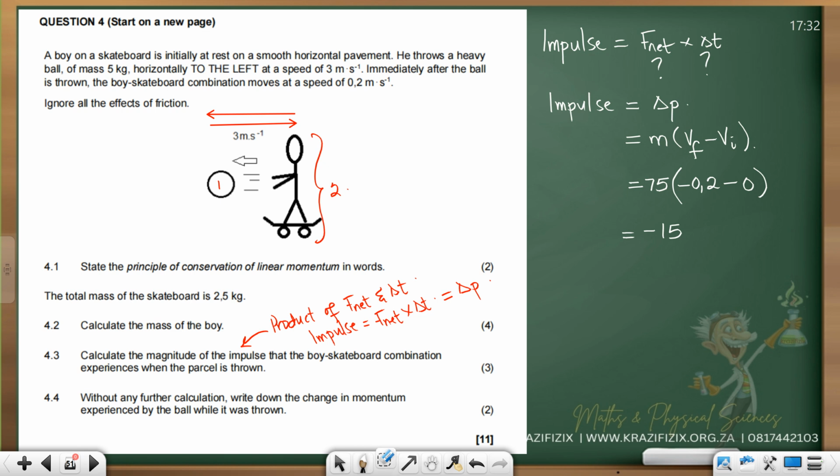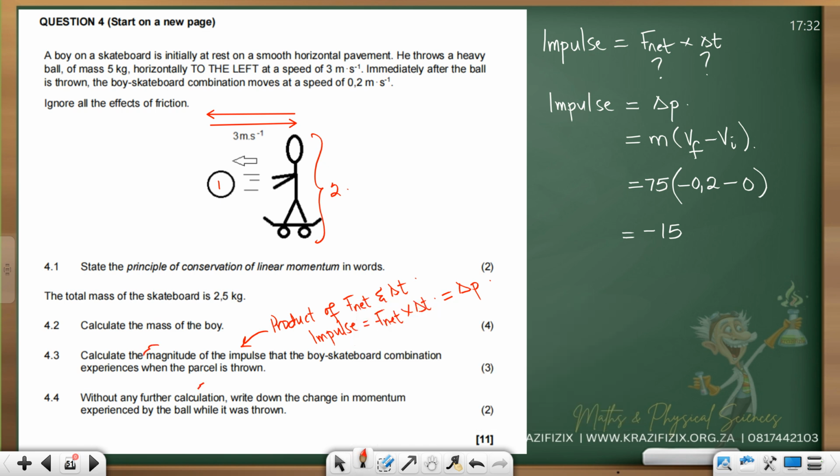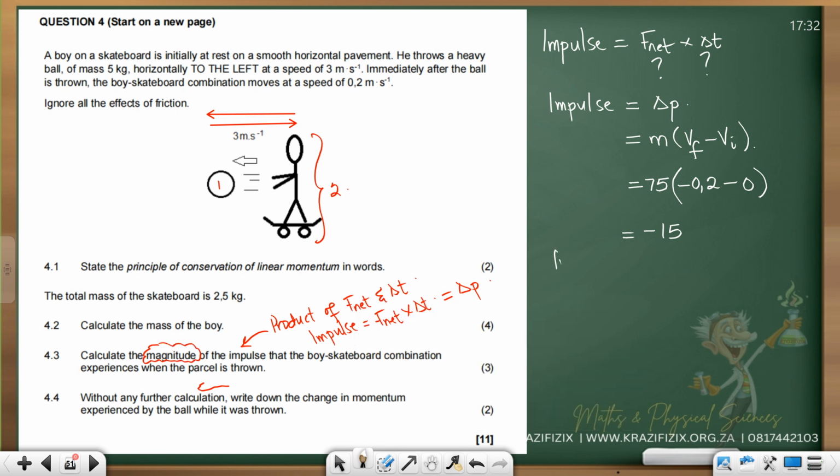Okay. Now, how do I then write my answer? The examiner says, always look at what they want. The examiner says magnitude. So we are going to ignore the negative 15 at the end. We're just going to say impulse is 15. What is the unit? Go back to the formula. The unit of force is newtons. The unit of time is seconds.